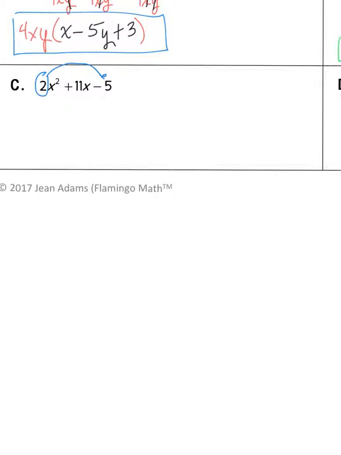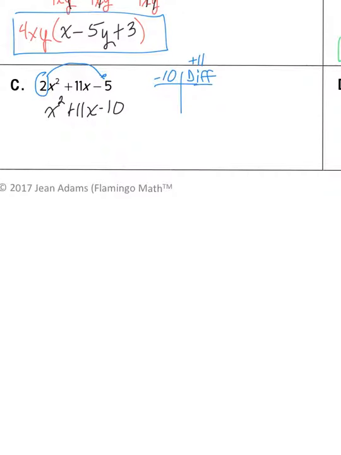So I'm going to multiply the 2 to the 5, and that's going to give me x squared plus 11x minus 10. So my product is negative 10. That means we are going to find the difference because my product's negative, and I'm going to look for positive 11.